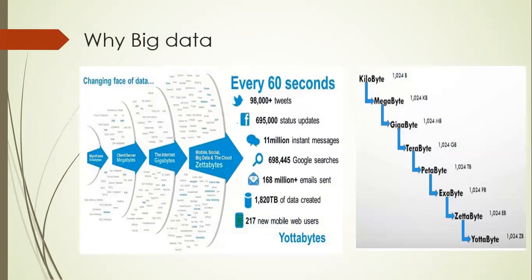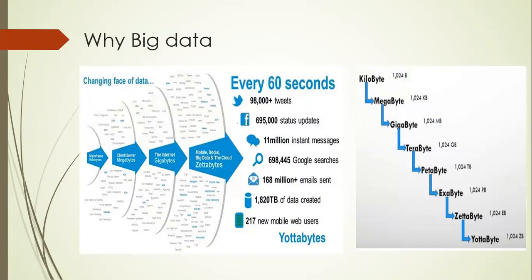So why big data? Now, the data is helpful as we have already seen. Now we have a rich data set. For example, every 60 seconds we have around 98,000 tweets. And every 60 seconds we have around 695,000 status updates. And every minute nearly 270 new mobile web users are creating nearly yottabytes of data.